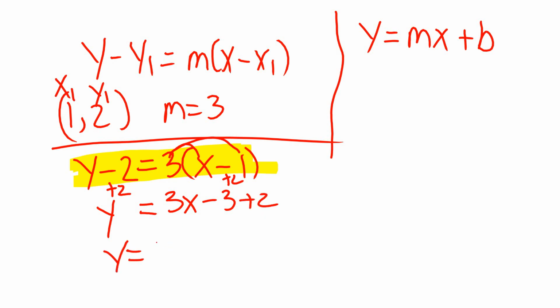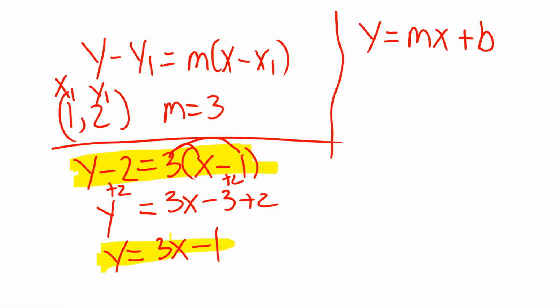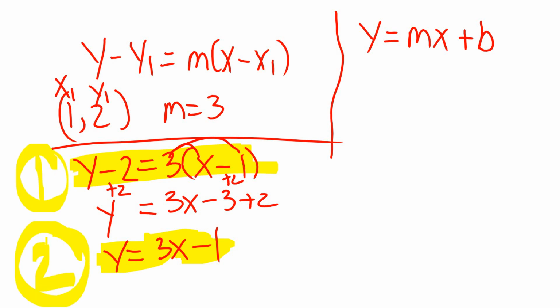And if you simplify, that's y equals 3x minus 1. That's it right there, guys. So this one up here is point-slope form, and this is slope-intercept form.